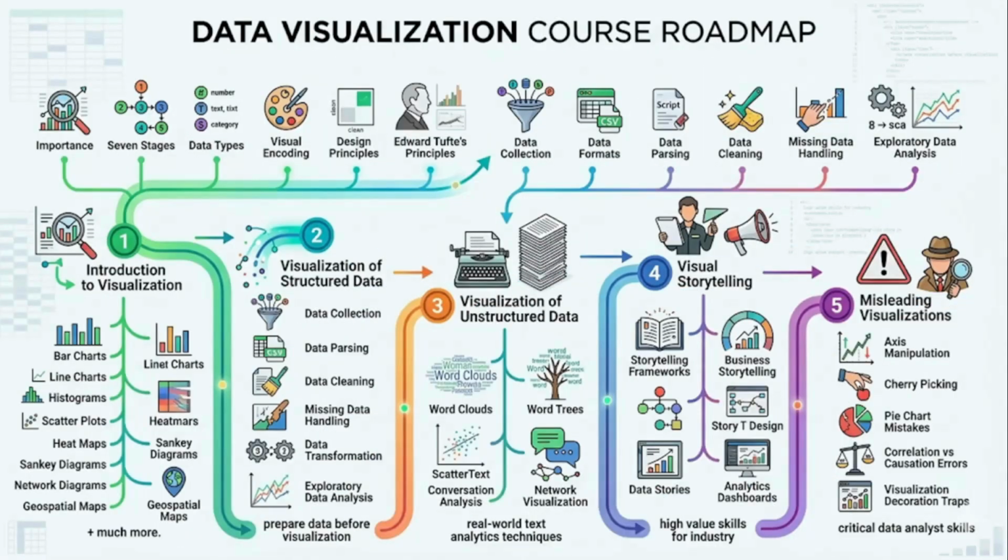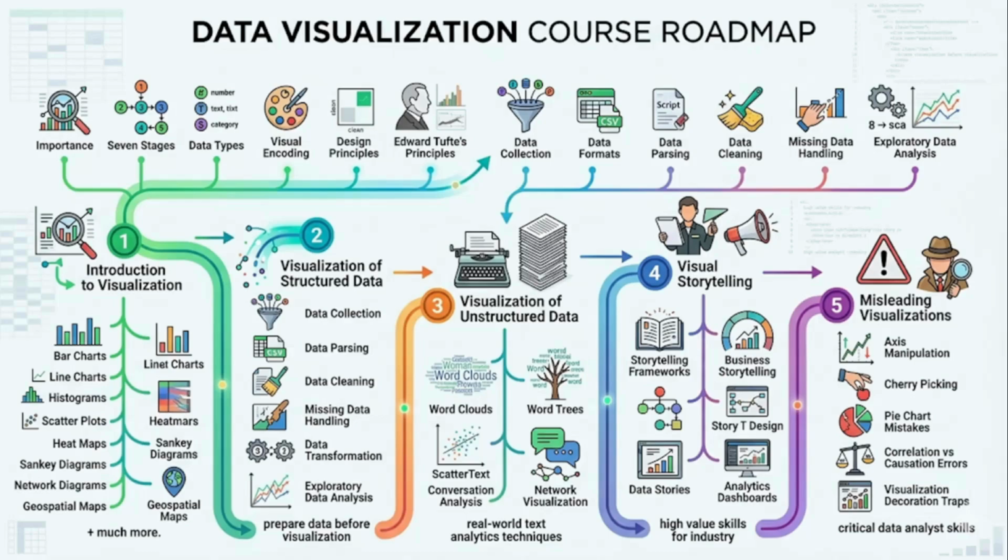In the data visualization course roadmap, you are going to learn exactly how this process works. We will start by understanding the fundamentals of data visualization and the principles that make a visualization effective. You will learn how some charts communicate information clearly while others create confusion.